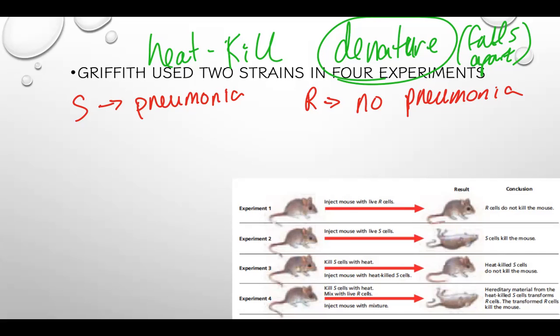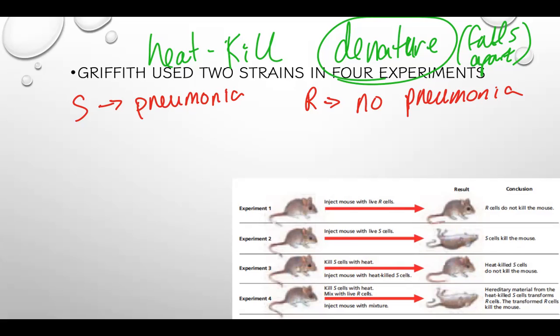So for experiment number 3, he killed the S cells with heat and injected the mouse with those heat-killed S cells, and the mouse survived. So that makes sense because we're basically going to expose the bacteria to high temperatures, which basically kills the bacteria. Then we're going to inject the heat-killed bacteria into the mouse, and the mouse survives.